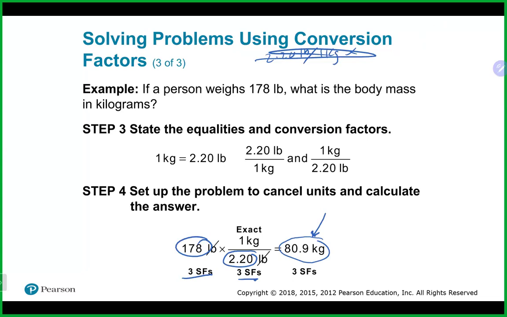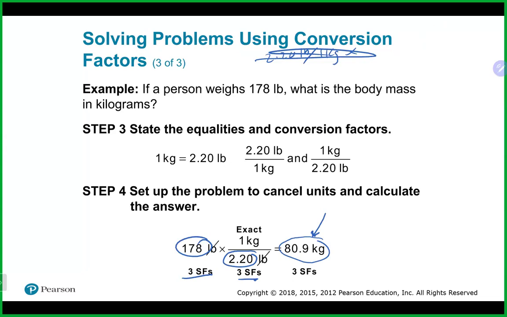Are you talking about this right here? Yeah, so it is exact and significant figures. The exact that they're talking about is the 1 part of it. The 2.20 is the 3 significant figures.